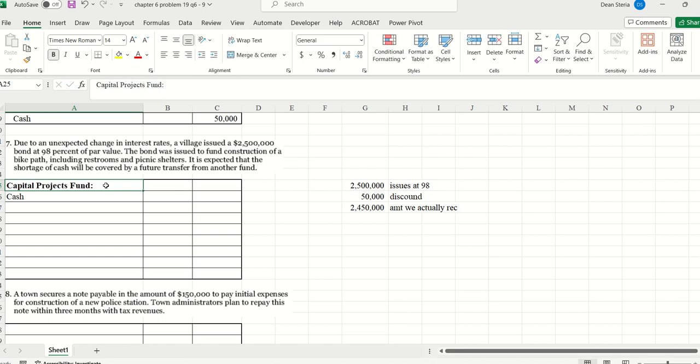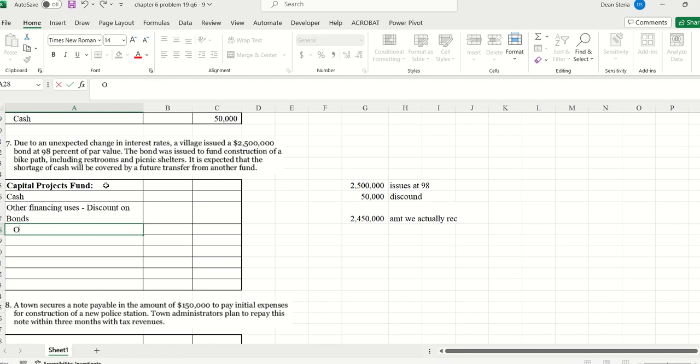Oops, went the wrong way. Other financing uses, discount on bonds.